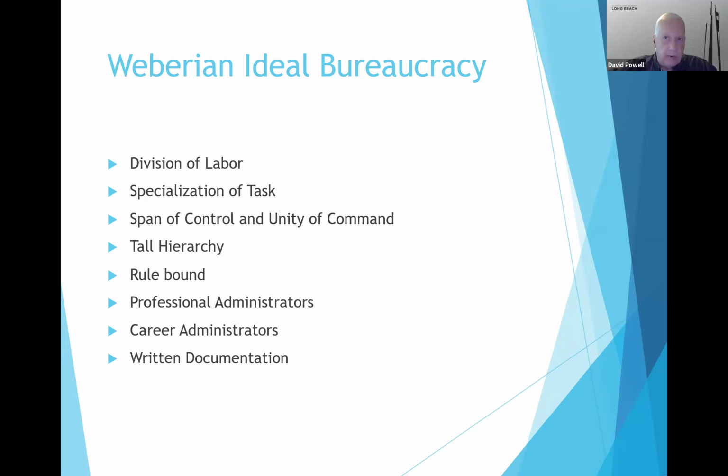There's division of labor. We are doing a lot of work within our organizations, and so to get the work done, we need to divide the work up among the members of our organizations. When we divide that work up in division of labor, we are then also engaging in specialization of task. Each individual gets a certain limited scope of tasks that they are responsible for on a daily basis.